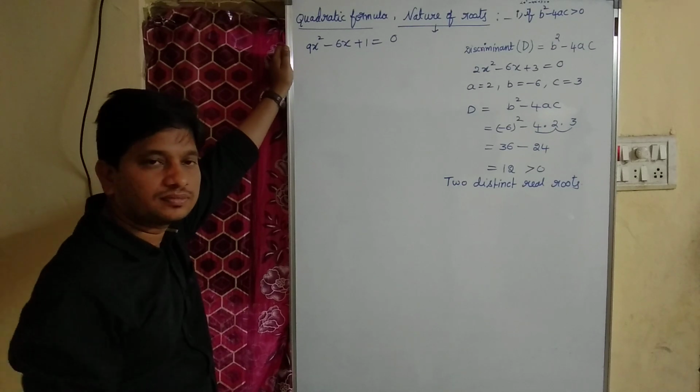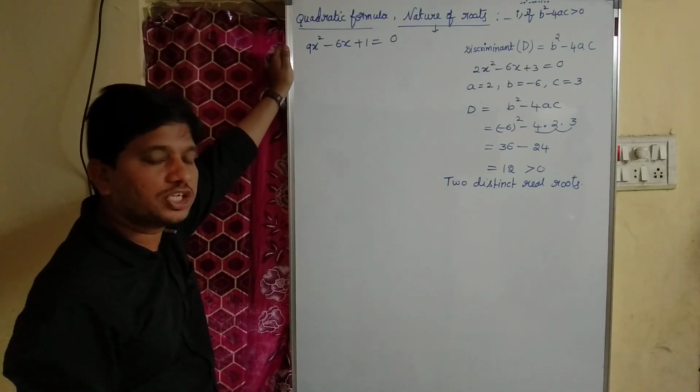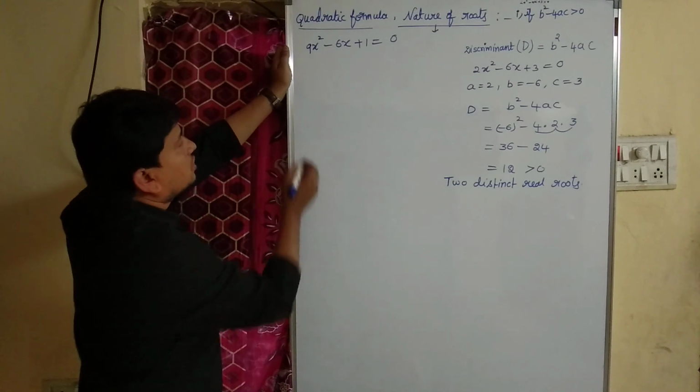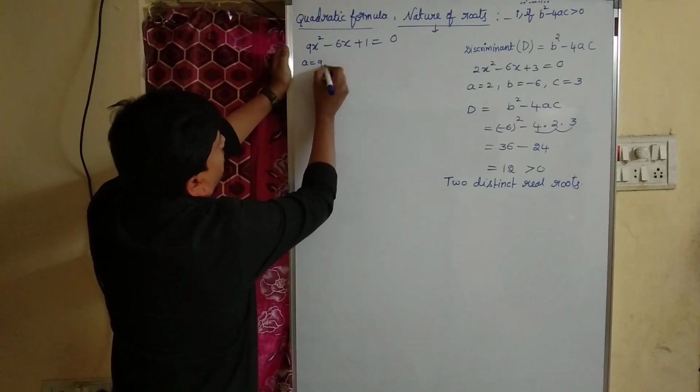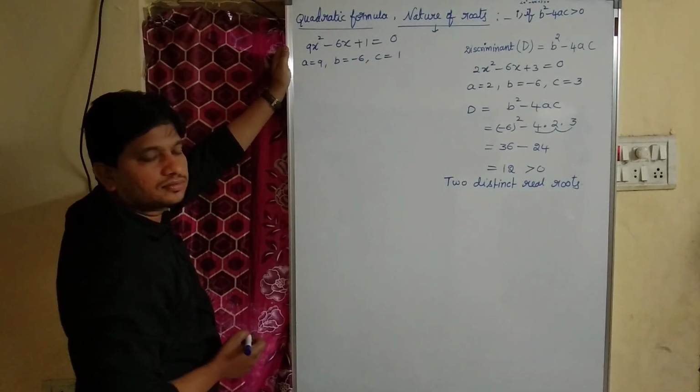Now let us find the roots of the quadratic equation by using the quadratic formula. So here a value is 9, b value is minus 6, and c value is 1.